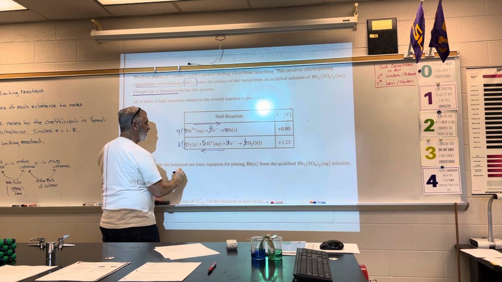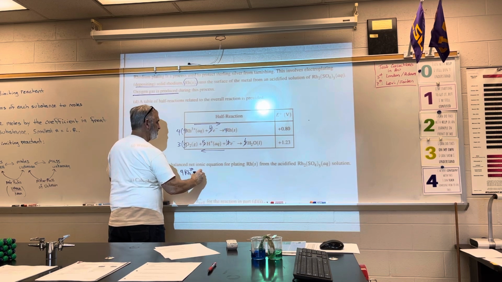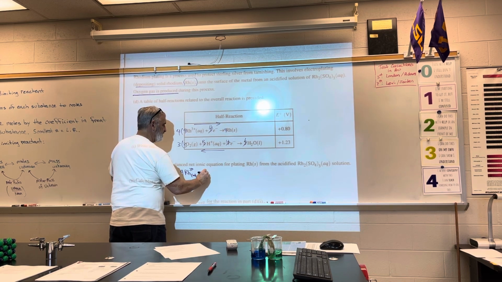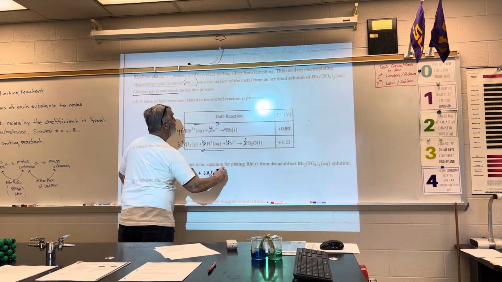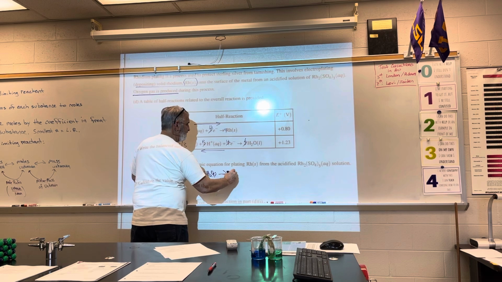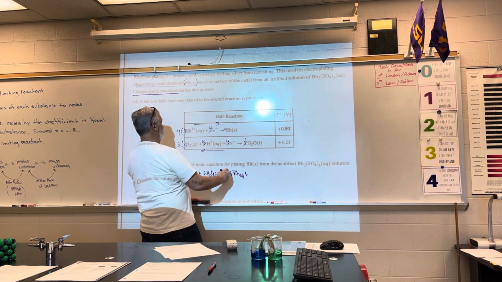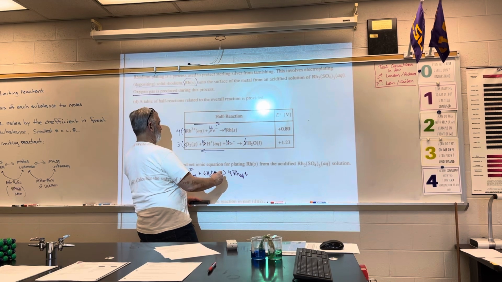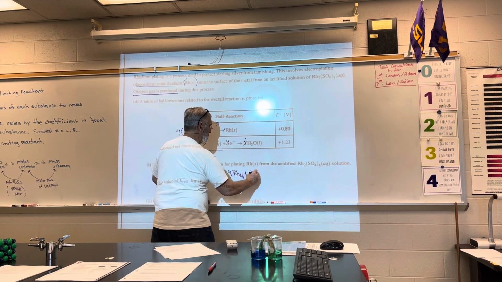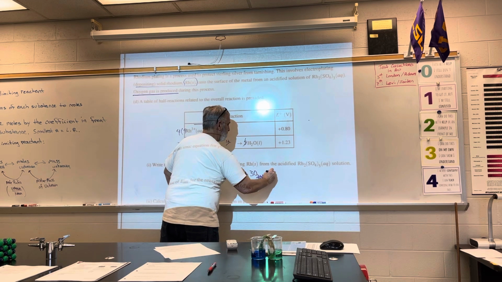So we ended up with 4 Rh 3+, plus 6 H2O liquids, goes to, I should have moved this whole thing up higher, 4 Rh solids plus 3 O2s and 12 H+.